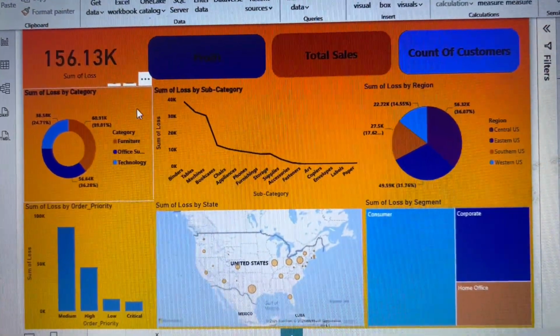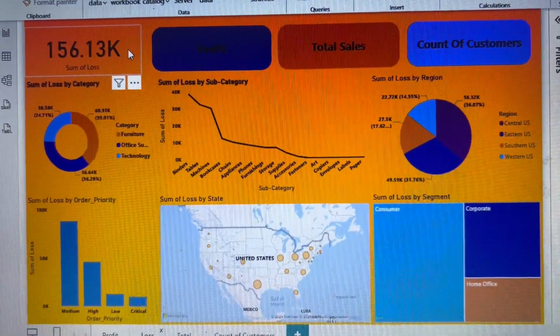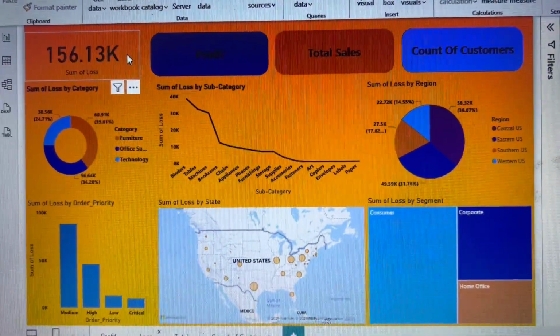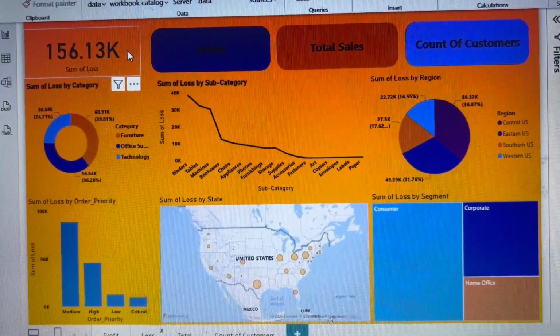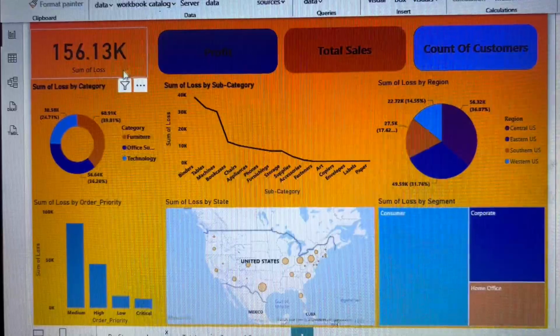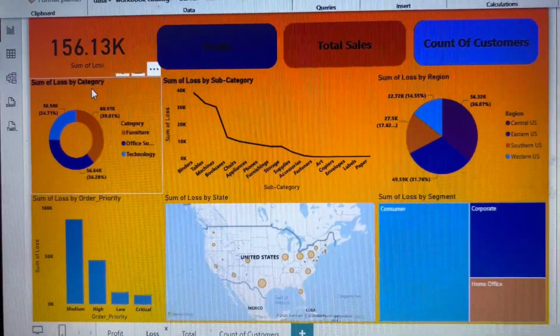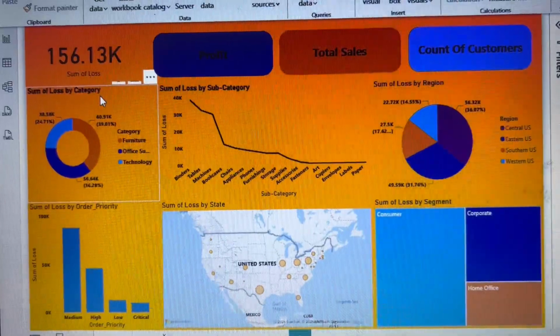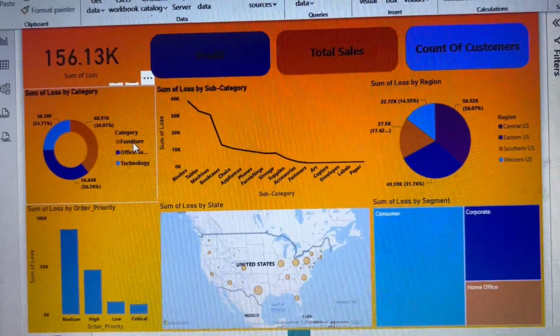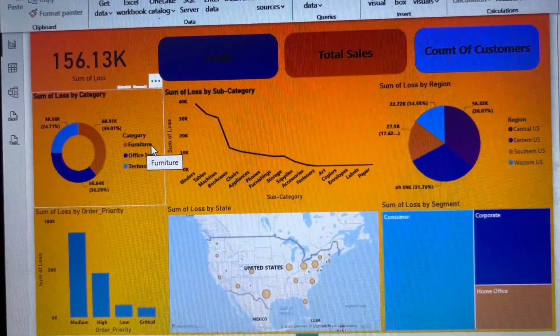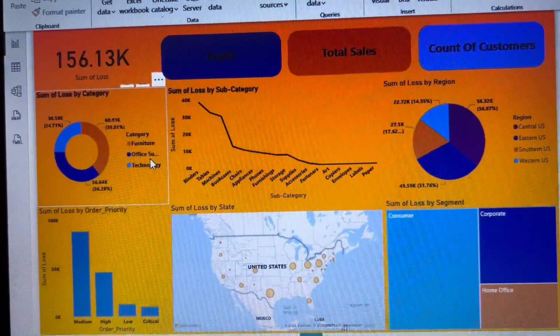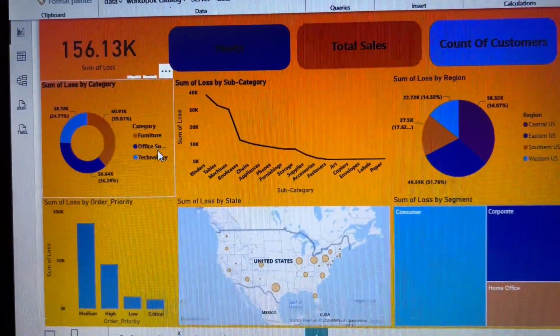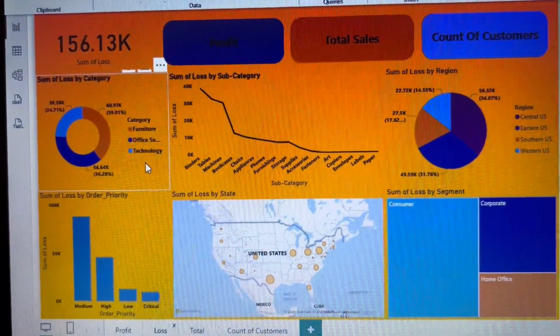Now let's explain. This is a card that tells me the sum of loss, which is 156,000.13 thousand. Next, this donut chart tells me about the sum of loss by category. Now the furniture is most, then the office supplies, then the technology.